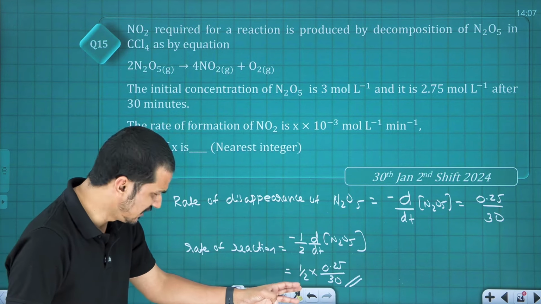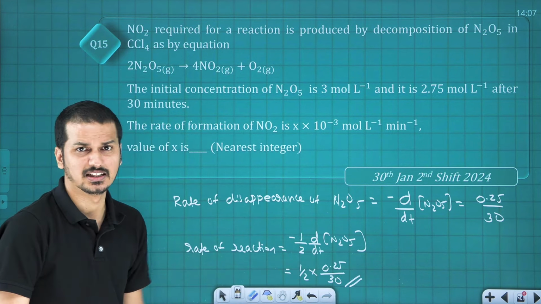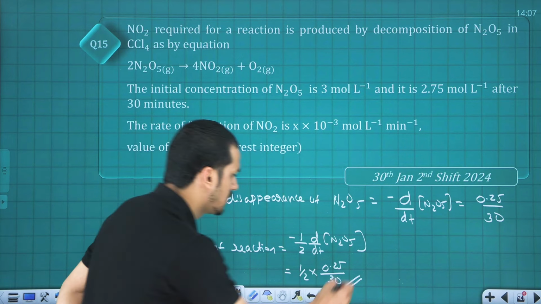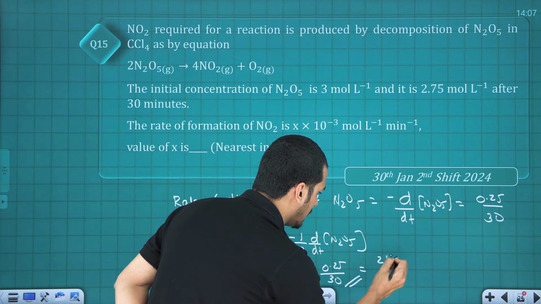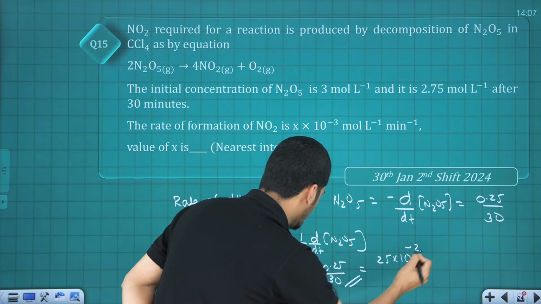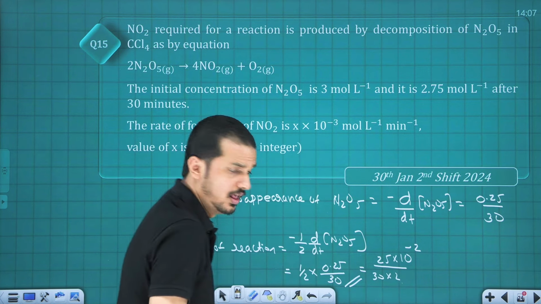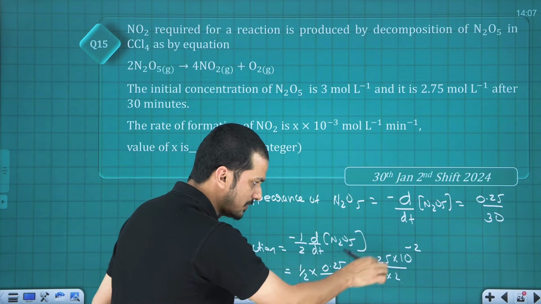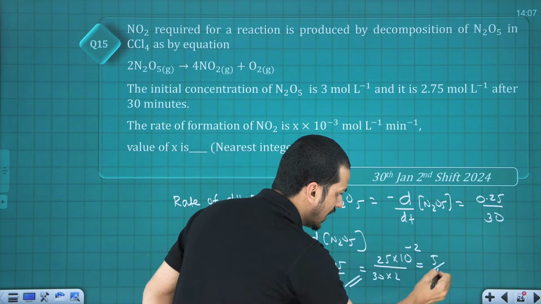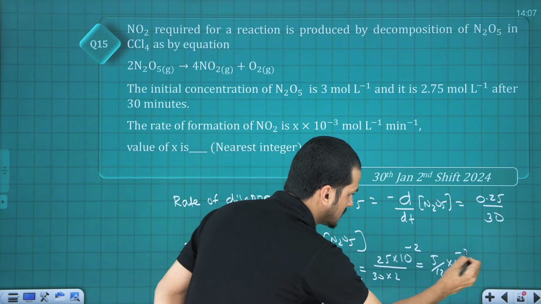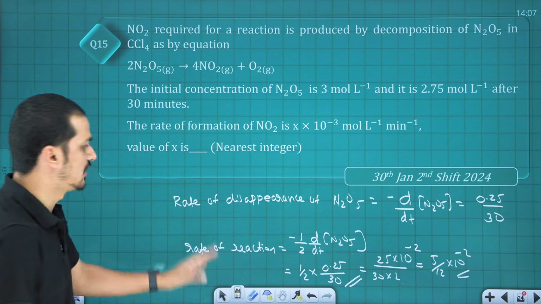So 0.25 divided by 2 into 30. That one we already found out. So how much will I get? This is equal to 25 into 10 raised to minus 2 divided by 30 into 2. 30 into 2, that's 5 by 12 into 10 raised to minus 2. That's actually the rate of reaction.